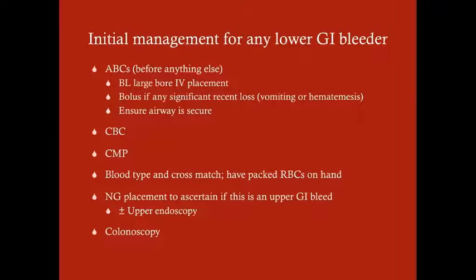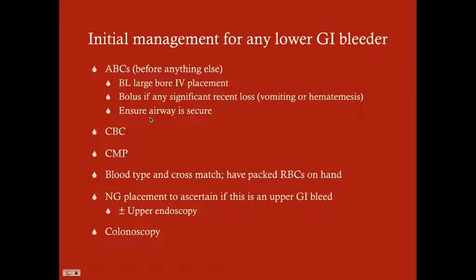A little bit more in the upper GI cases where there's hematemesis, but it's also important in lower GI patients, just in case you need to transfuse them or you need to get fluids into them. You'll want to bolus them if there's been any significant recent blood loss, so vomiting or hematemesis, or if there's been any significant recent diarrhea, and then ensure that there's an airway that's secure.